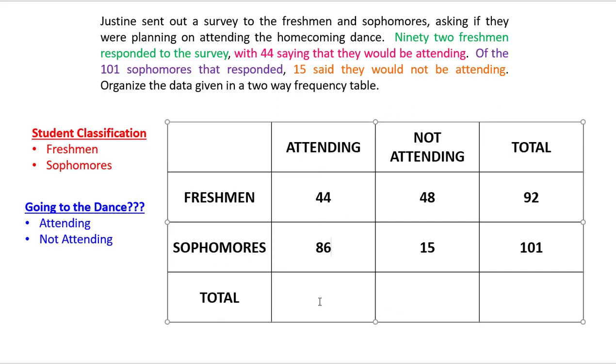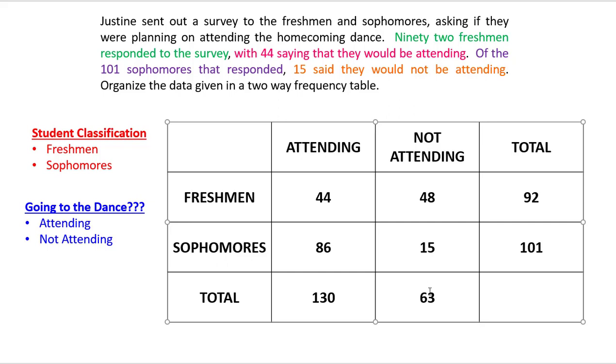So to figure out what goes here, I will simply just have to add 44 plus 86, which gives us 130. Let's look at the next column. This box is a total for this column. And to figure that out, all I will have to do is add 48 plus 15, which gives us 63.